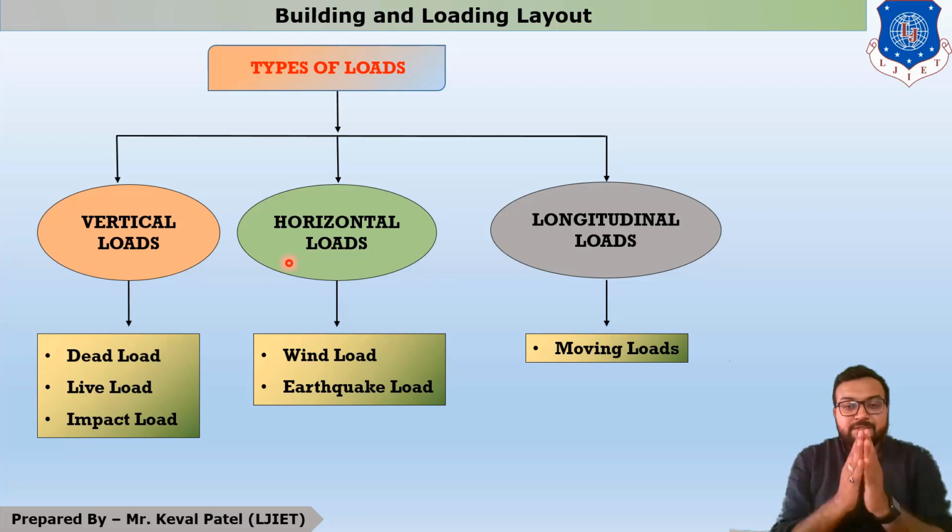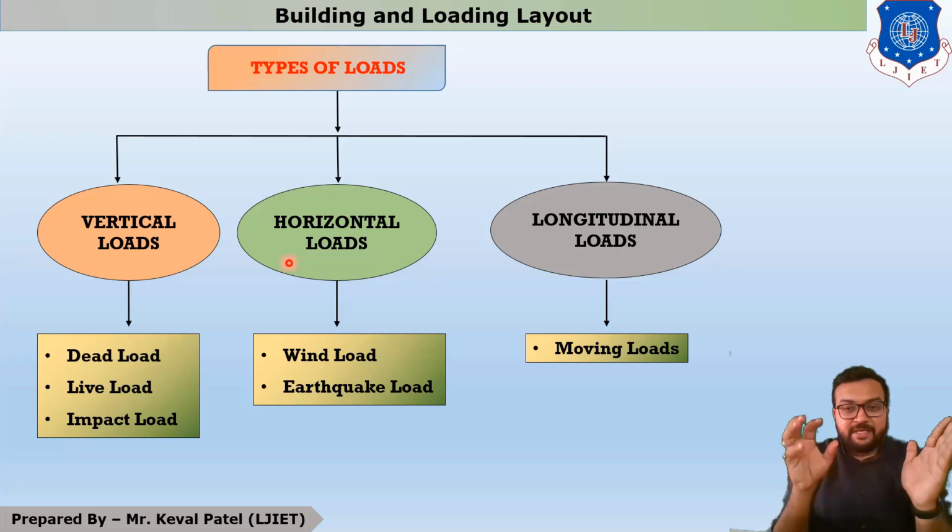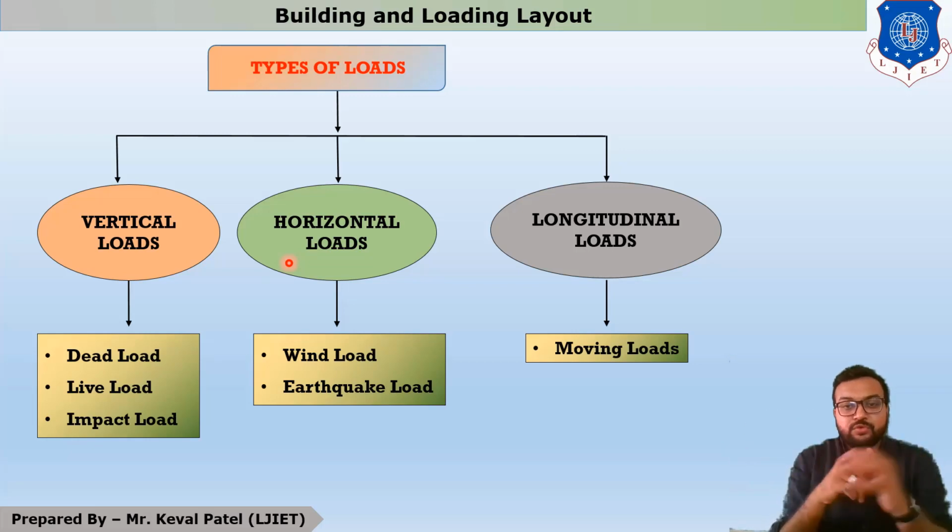After this distribution we discussed which IS code is preferable for which load calculation. For dead load you have to use IS 875 part 1, for live load part 2, for wind load IS 875 part 3.